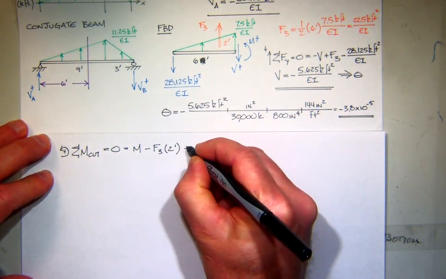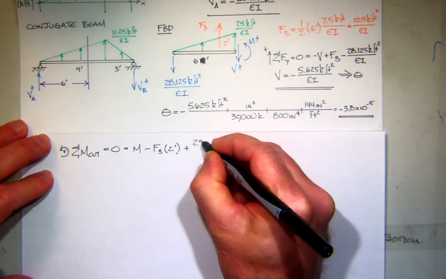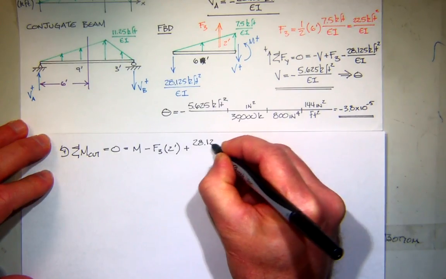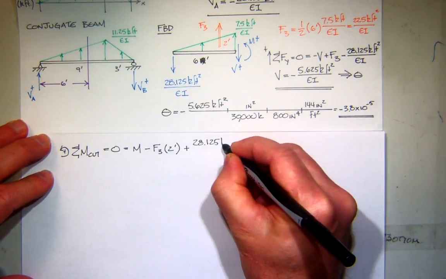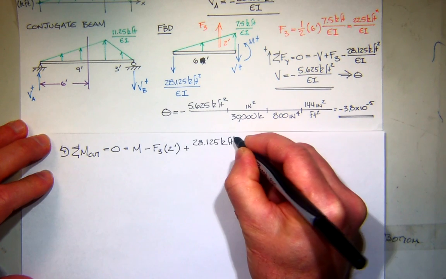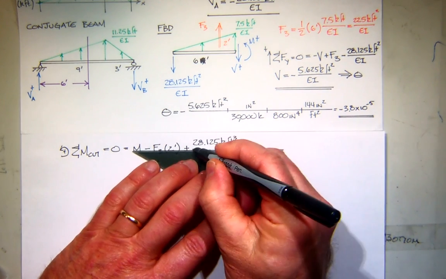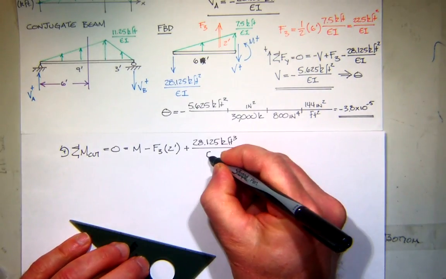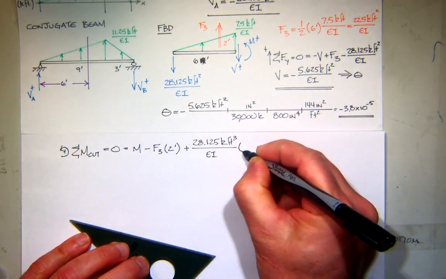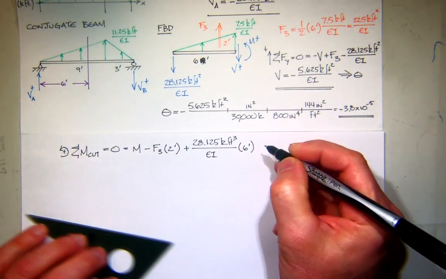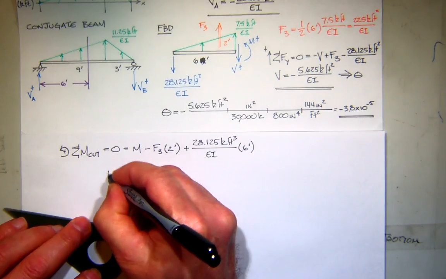And then the reaction force is going to create positive or negative moment about the cut? Positive. And that's 28.125 kip feet cubed divided by EI. That's the force, and the distance is 6 feet. So from all that, I should be able to find the moment.